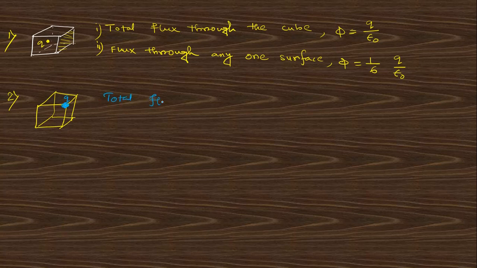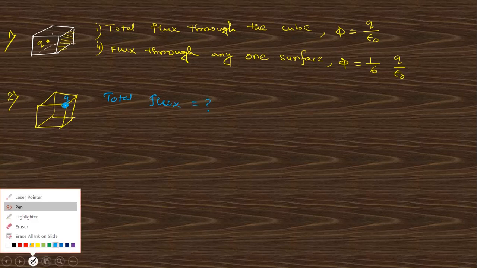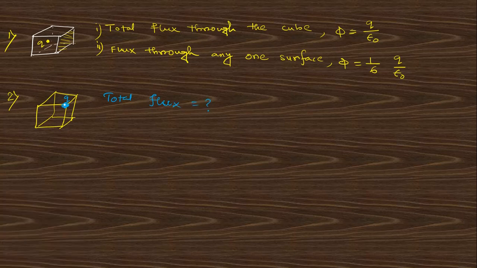Just think about the surfaces connected with this charge: the upper surface, the front surface, and this surface. These three surfaces are connected with this charge. The electric field and the surface direction are perpendicular, so the flux through these surfaces will be zero.